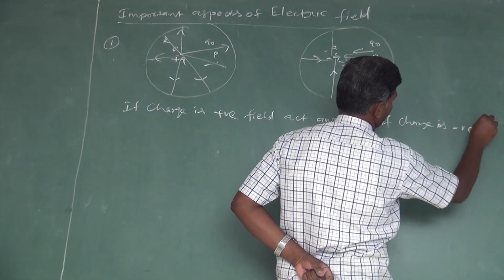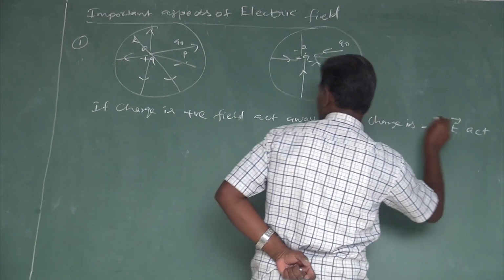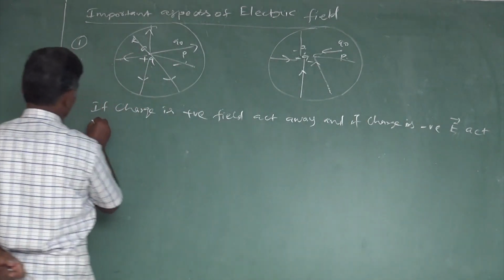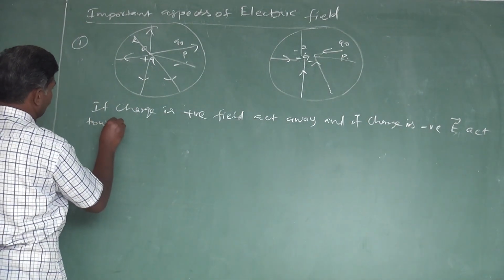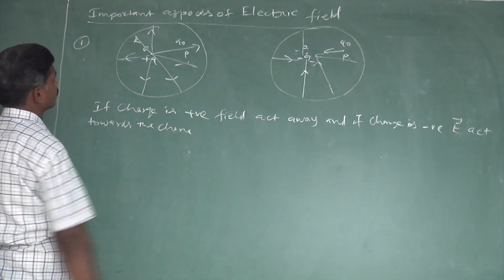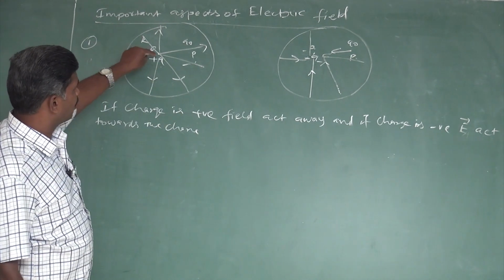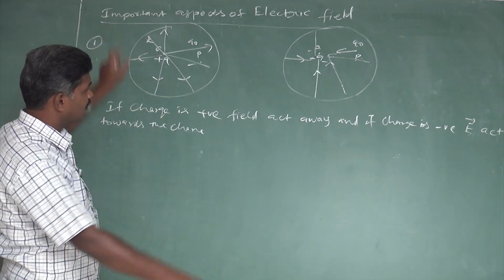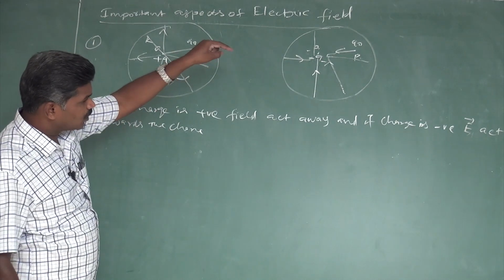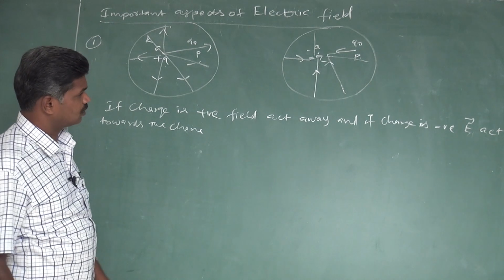We can refer to the field as the E vector. So from our picture we can say that for our positive charge the field is acting away, and for our negative charge the field is acting towards. That is the first feature.